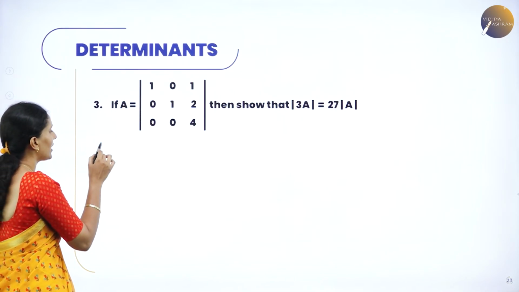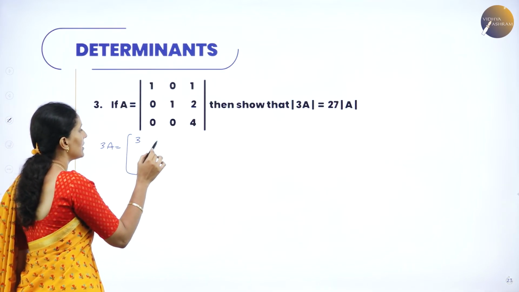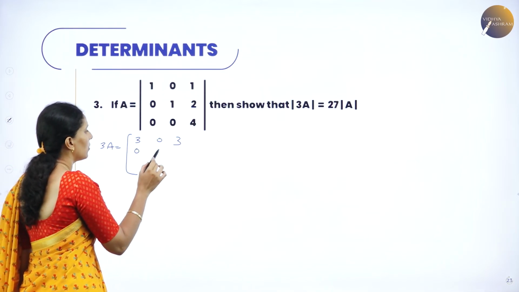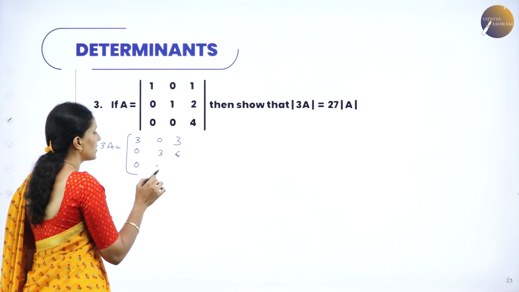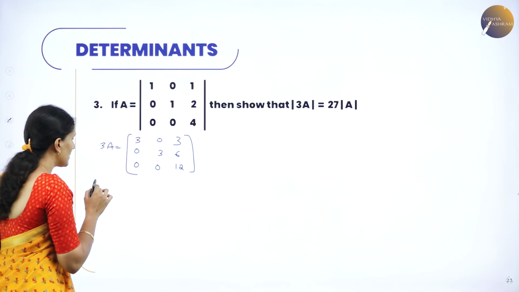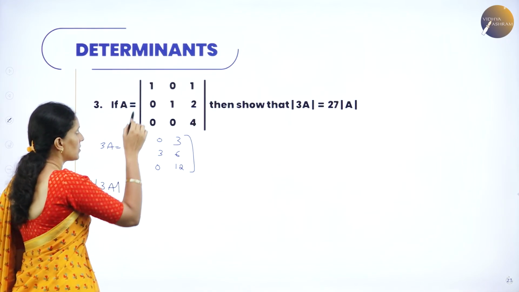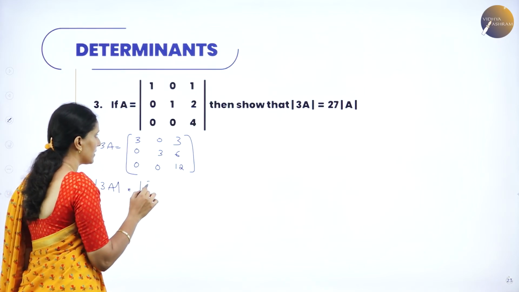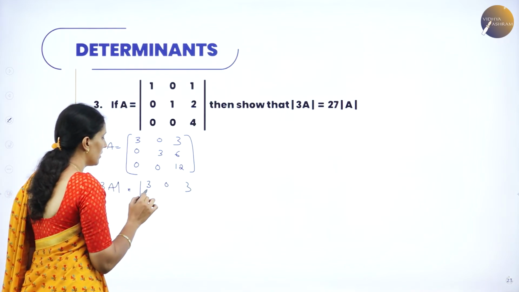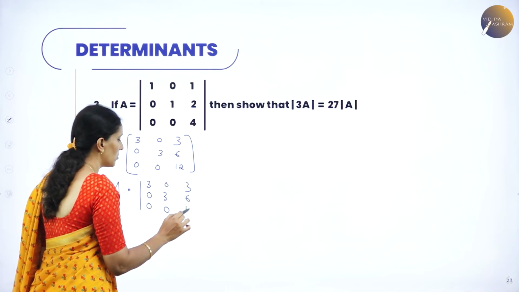So 3A becomes 3, 0, 3, 0, 3, 6, 0, 0, 3 4s are 12. Now let us expand determinant of 3A.